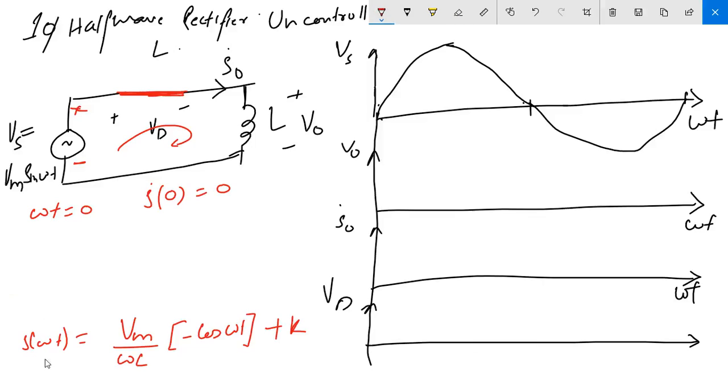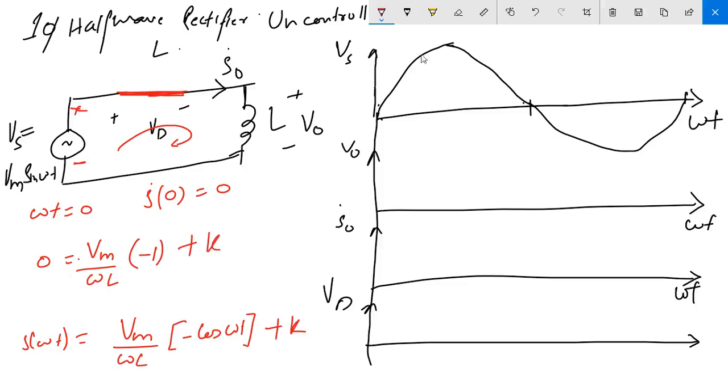If you put the value here, 0 is equal to Vm by omega L times cos 0, which is 1, so minus 1, plus k.